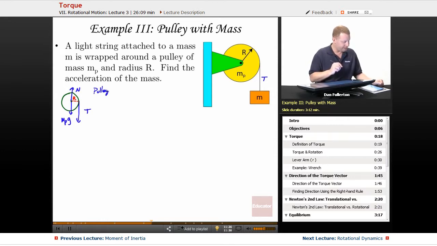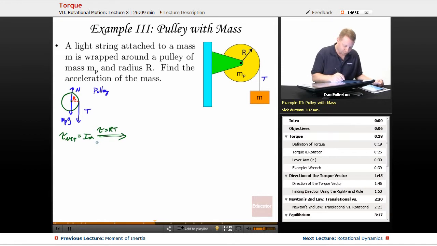All right, so starting there, let's take a look at Newton's second law. Net torque equals I alpha. Our torque is going to be, well, we have T at a distance r, and that's perpendicular, so our torque is going to be RT. I'm going to worry about magnitudes for now.